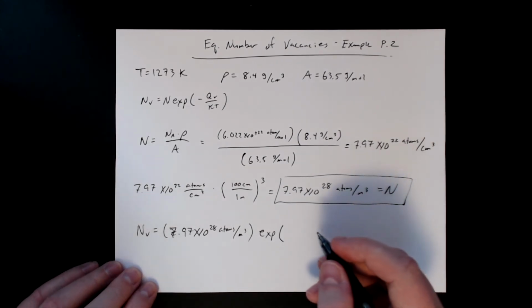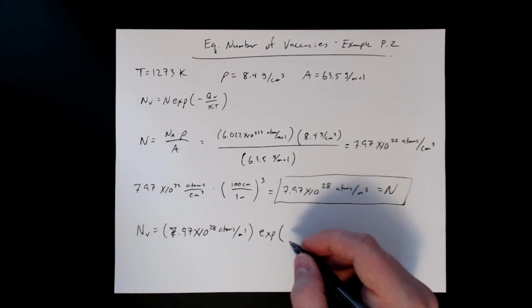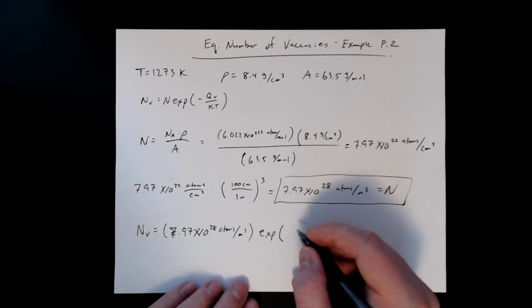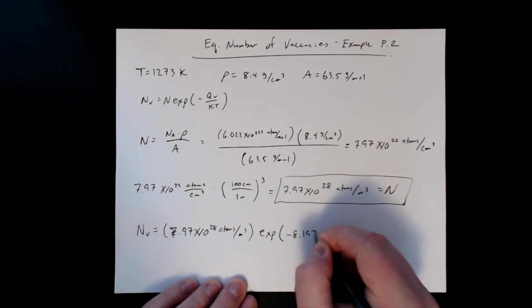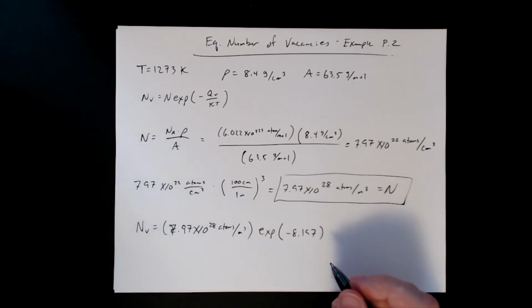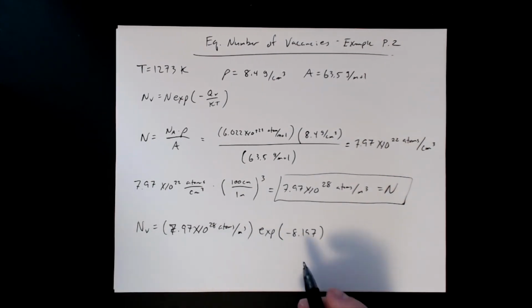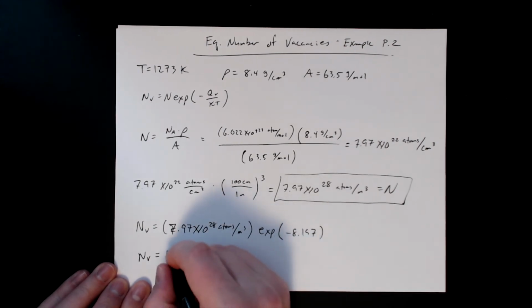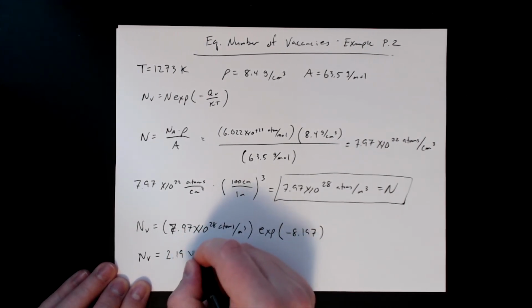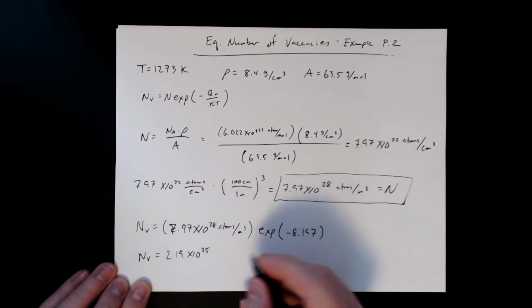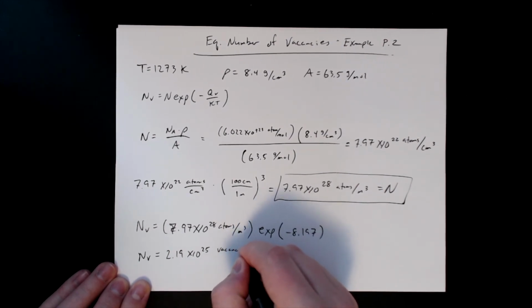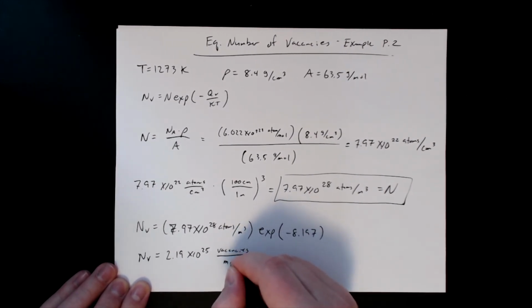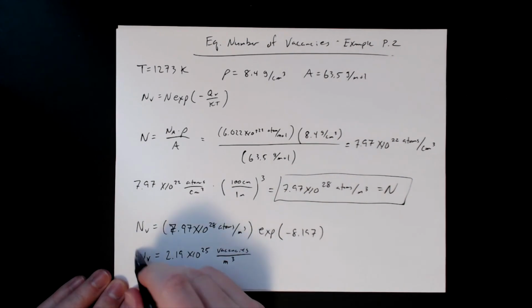Again, inside the exponential was a minus 8,197, and when we plug all that in, we get that the number of vacancies is 2.19 times 10 to the 25 vacancies per meter cubed.